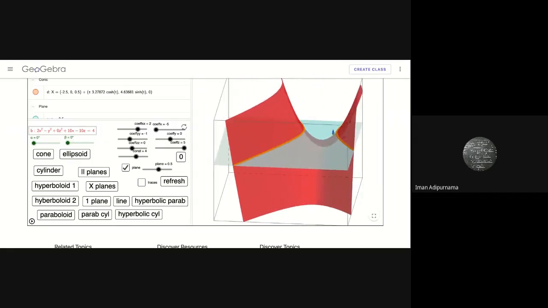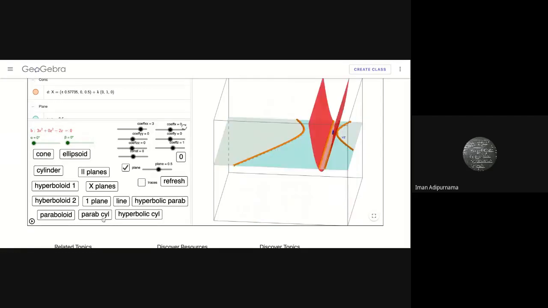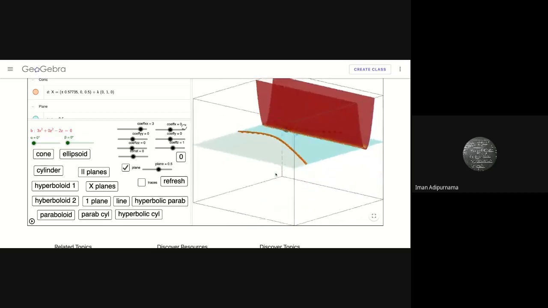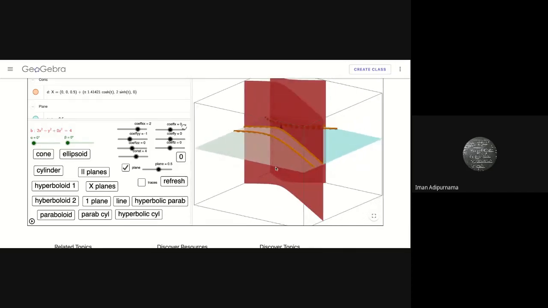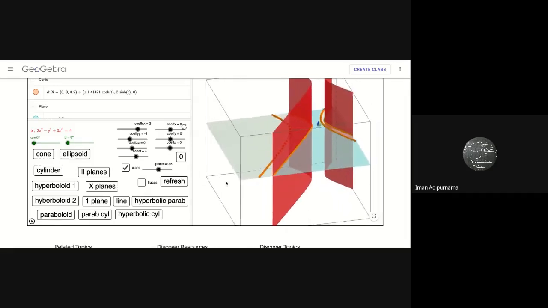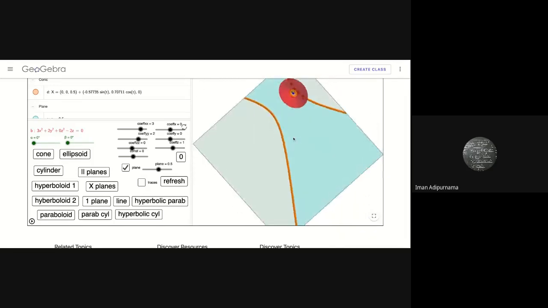So you can check them one by one. Let's see another one. This is a parabola and a cylinder, a hyperbolic cylinder. This is the paraboloid.